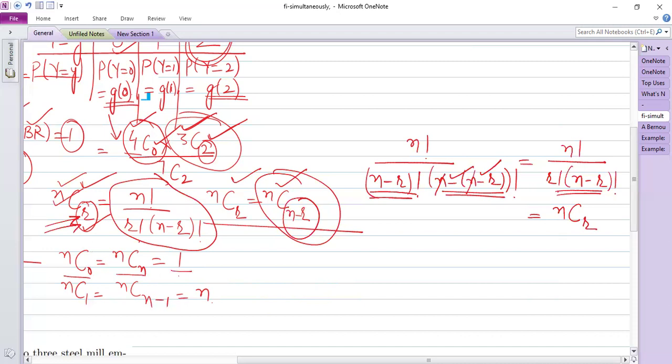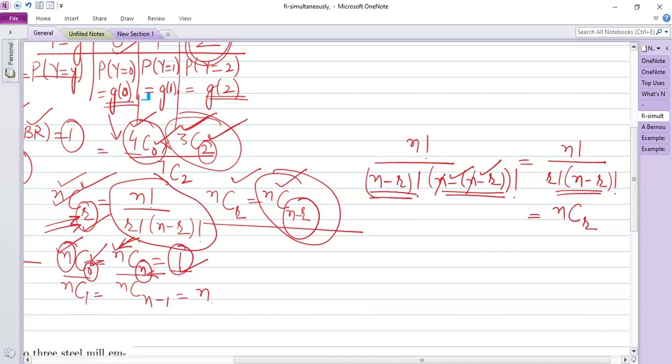Meaning, how many ways of selecting zero things or n things out of a total of n? That is 1. If I have to select all the things out of given n things, in how many ways can I do so? Only one way: select all. In how many ways can I select zero things out of n? One way: select nothing.